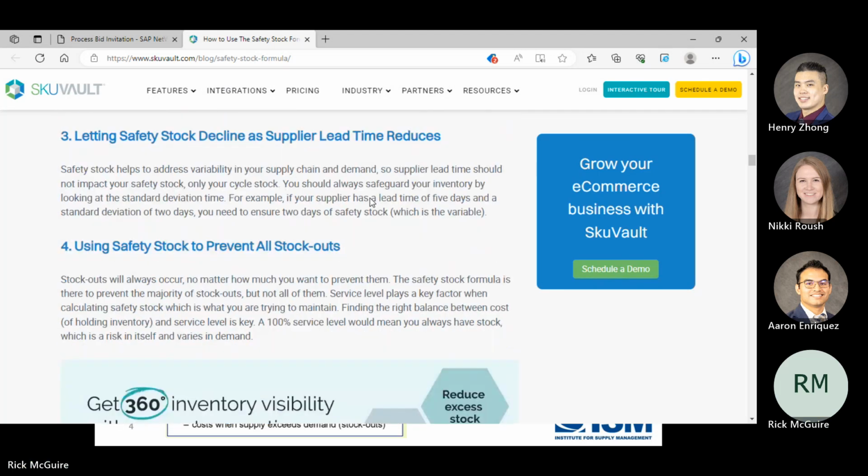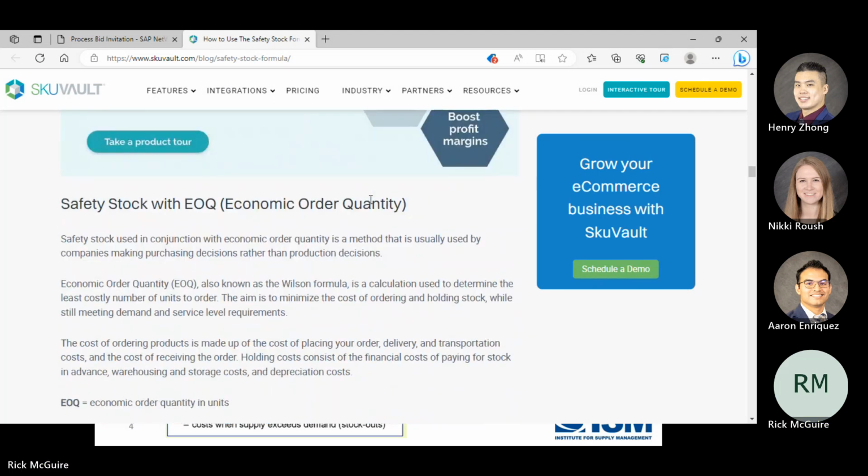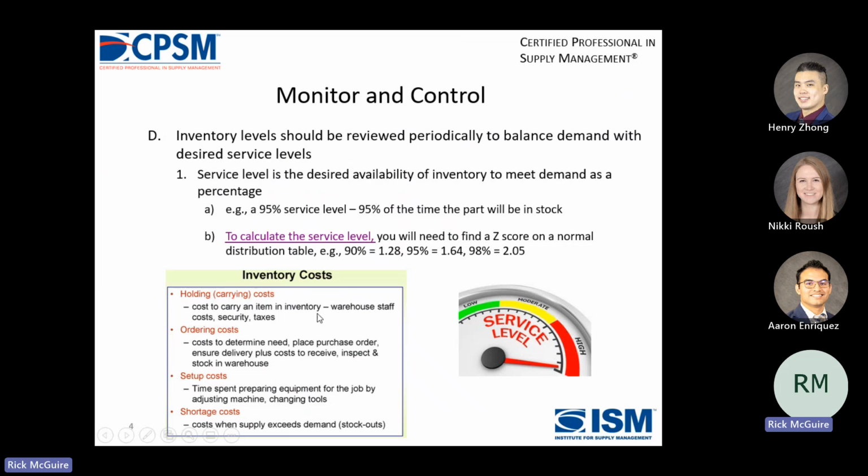But the problem is that when you say, well, we want 95% available, I mean, that's a big number of parts you're sitting on your shelf, and you're going to have to eat all that working capital cost. So this is good in theory, but most companies aren't going to stock that kind of safety stock.